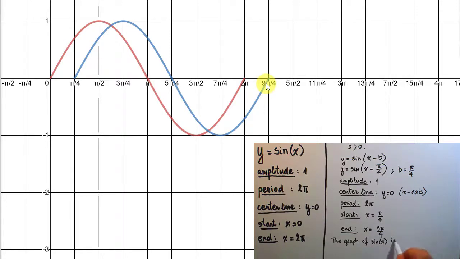So in other words, saying the graph of sine of x in this problem here is shifted to the right hand side again, due to that starting point being a positive starting point to the right hand side of the original one. And that's how we can say that it's being shifted to the right hand side by a pi over 4 distance.